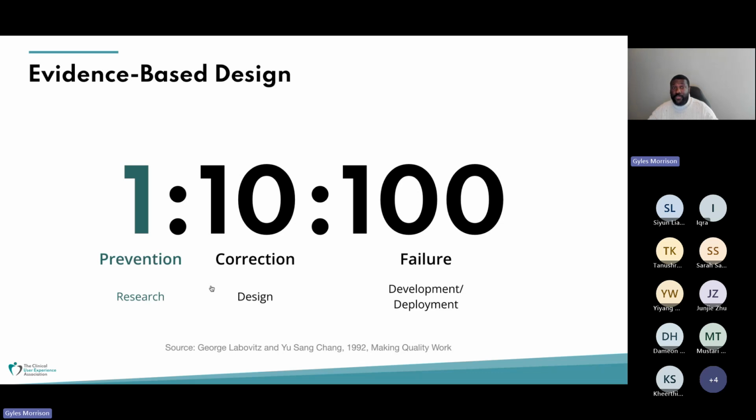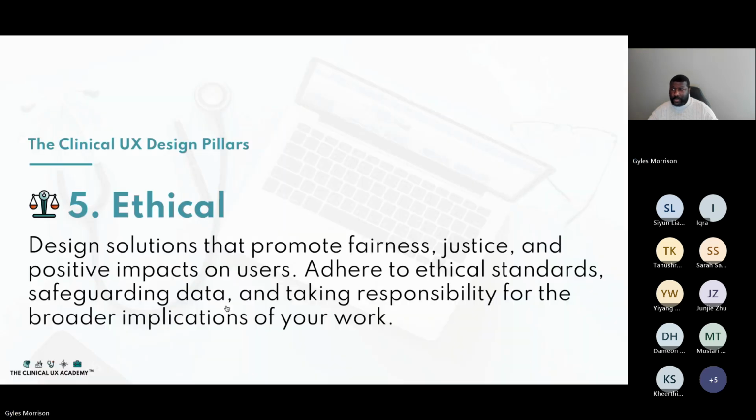But if you have to fix the problem, then you have to figure out and improve upon the end solution after it's released, and for sure that's going to cost you a lot more money than just interviewing some people over the phone or on MS Teams or something like that. Development resource, especially engineering and physical products manufacturing, is very, very expensive, far more expensive than just interviewing patients.